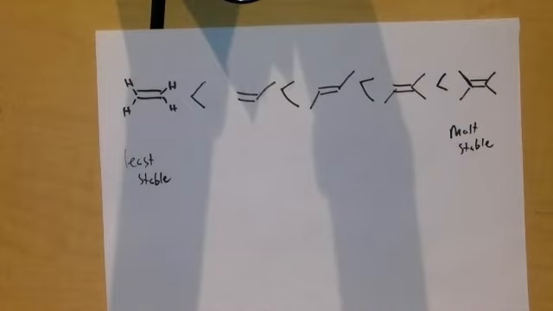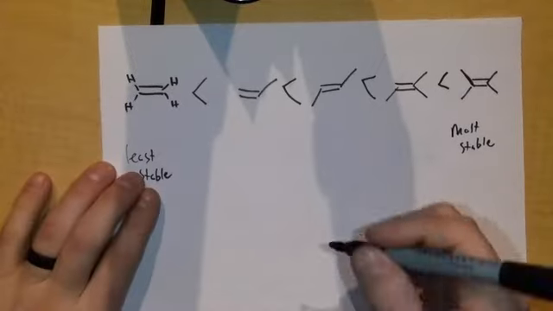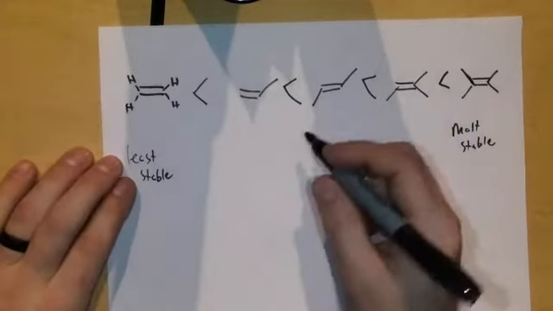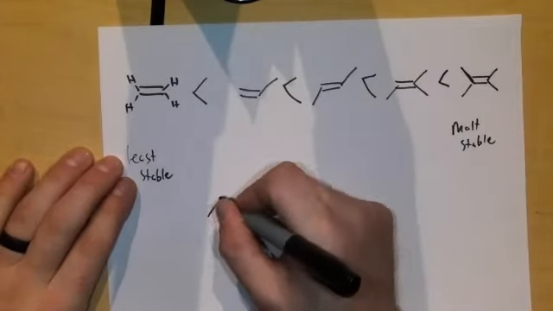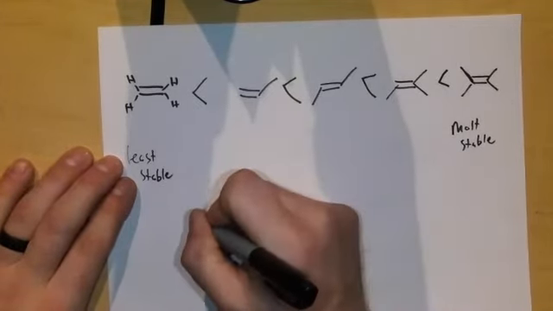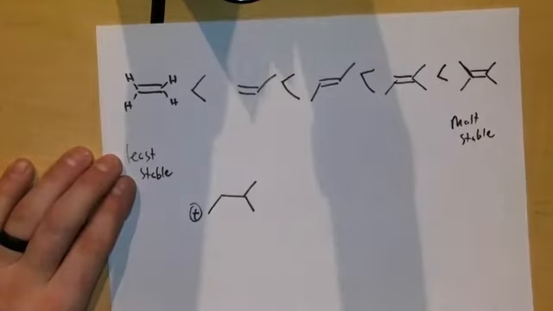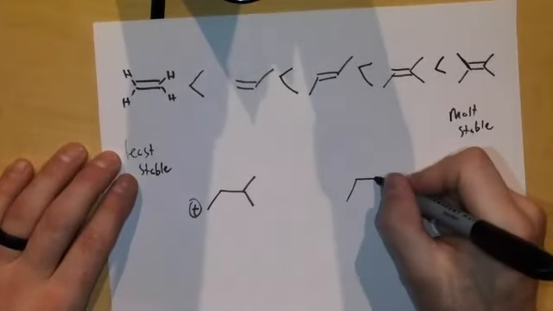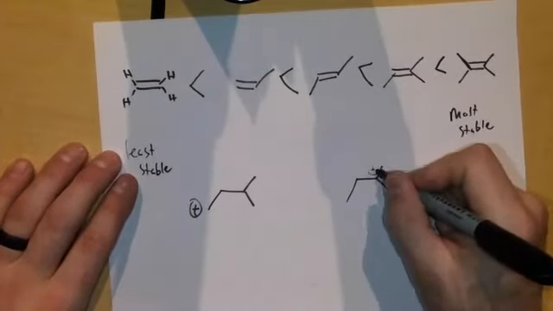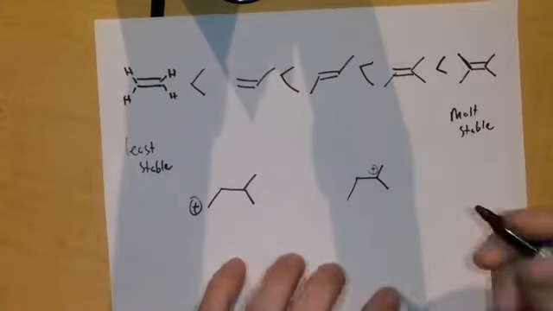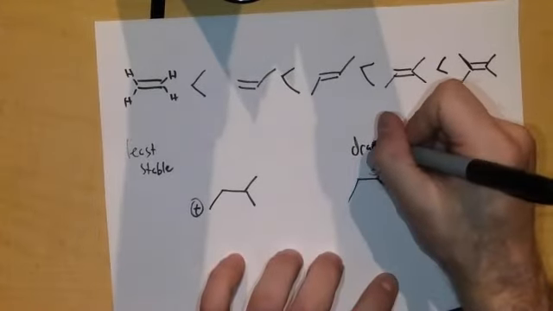This is going to play a big role because in terms of carbocation stability with resonance, normally we think of like this positive charge versus this positive charge. This is drastically more stable.